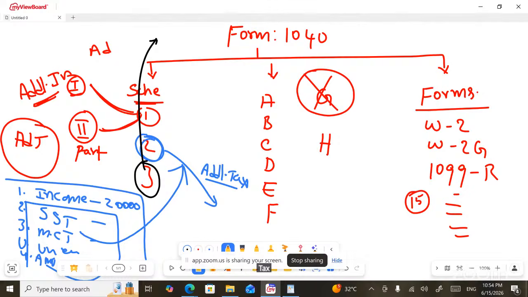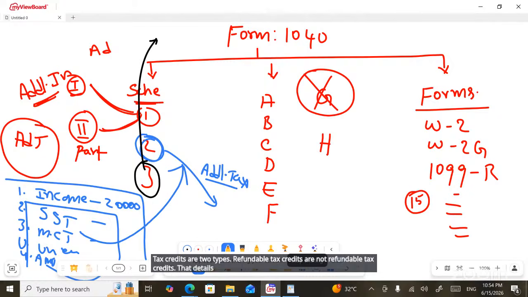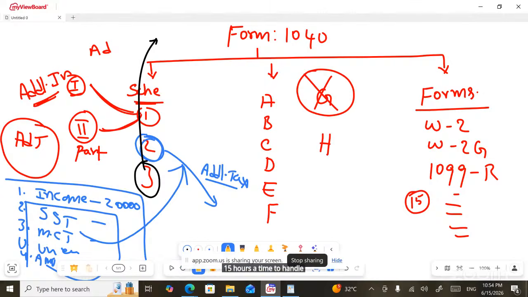Tax credits are of two types: refundable tax credits and non-refundable tax credits. Those details we are going to cover separately; it is going to take almost 15 hours to handle this and understand chapter number 3, tax credits, schedule number 3.